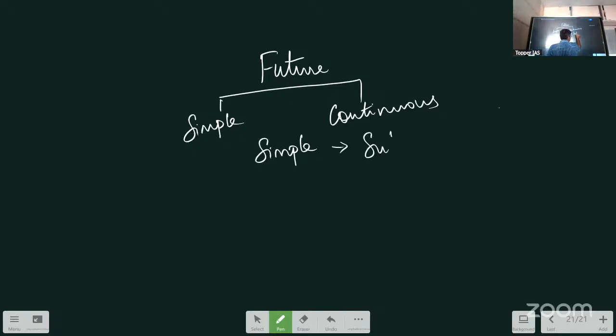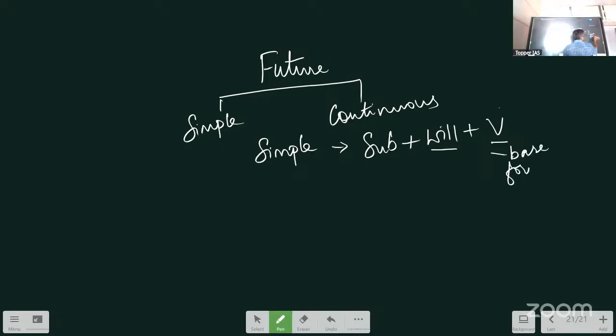Subject plus will plus verb. Always remember, will is a modal. We will learn about the other modals also. But for future we use will. The next verb must be in the base form only. That is a golden rule.